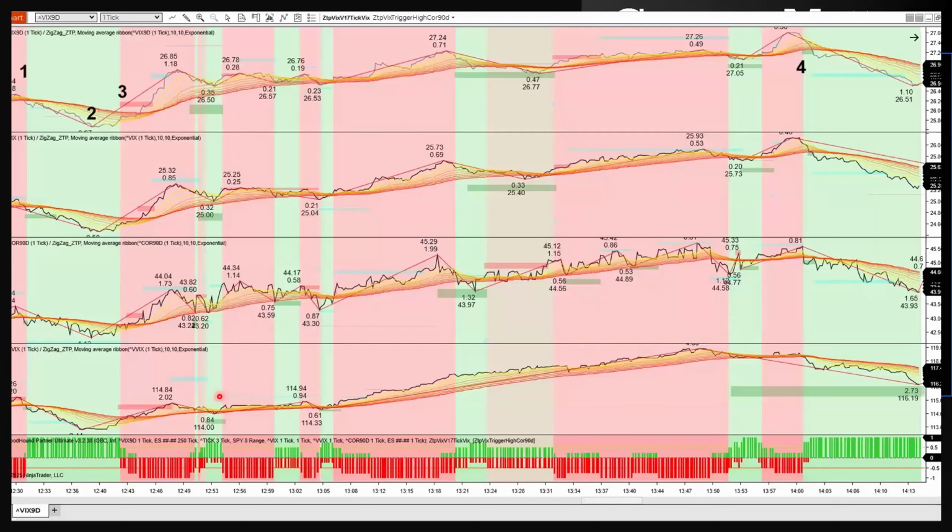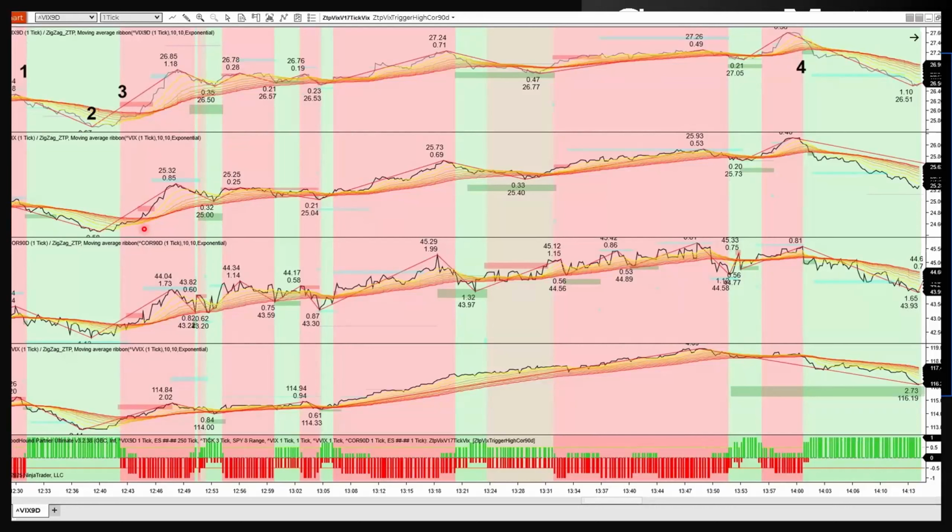If I'm looking for a long trade, the VIX should be falling, like it is right here, and that's where we're going to see Bloodhound giving me a green. If I'm looking for a short trade, VIX should be rising, and Bloodhound is basically telling me this right here.